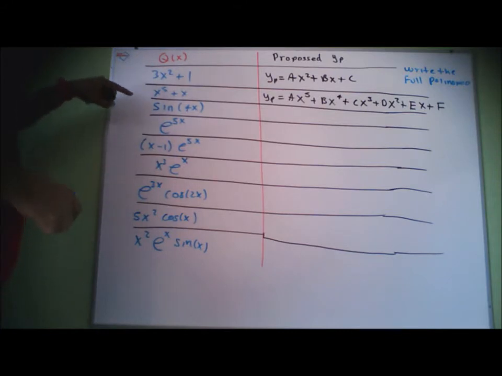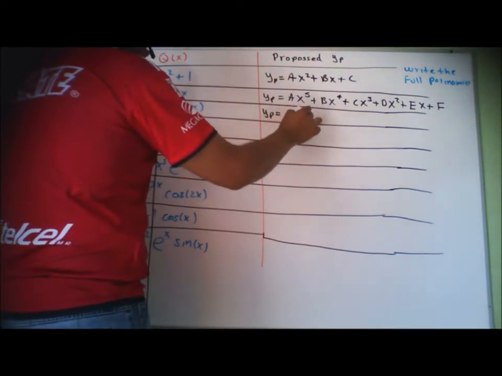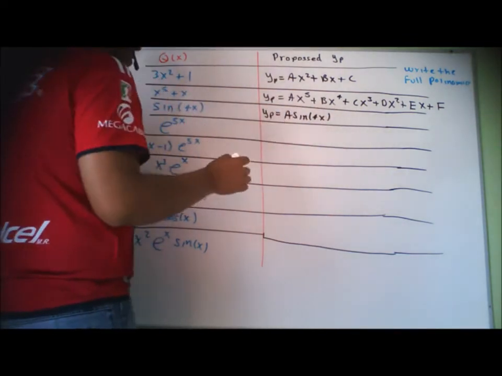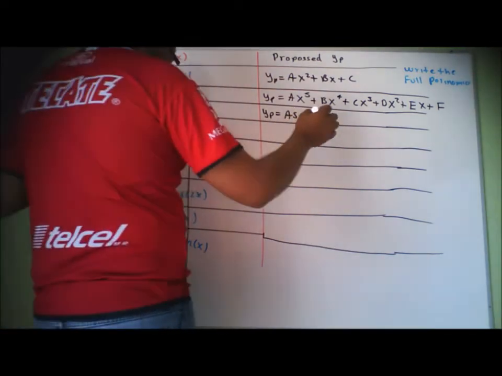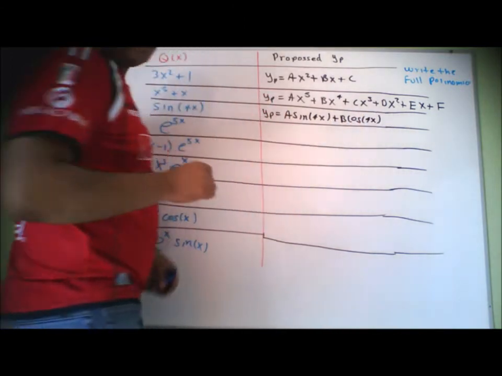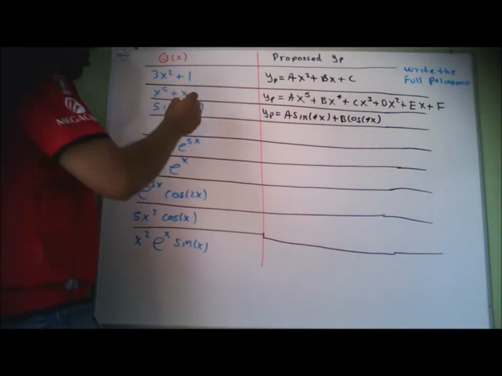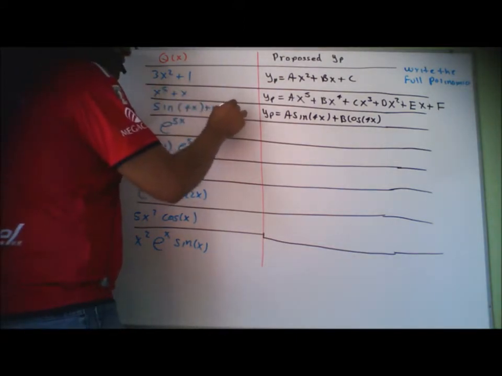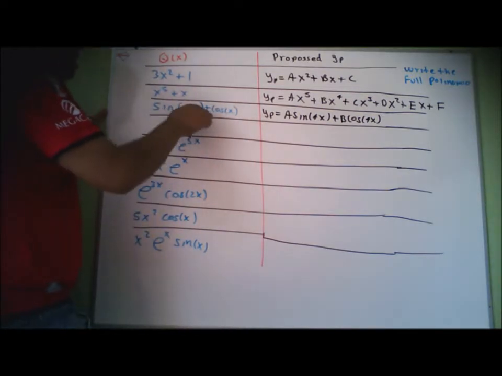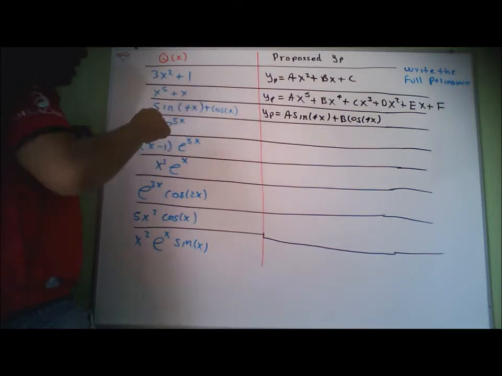Now on the sine and the cosine, the particular solution is going to be A sine of 4x, but you have to write also the cosine, so plus B cosine of 4x. That is a proposed particular solution. Now, what if you happen to have plus cosine of x? The argument is different, so this is totally different.